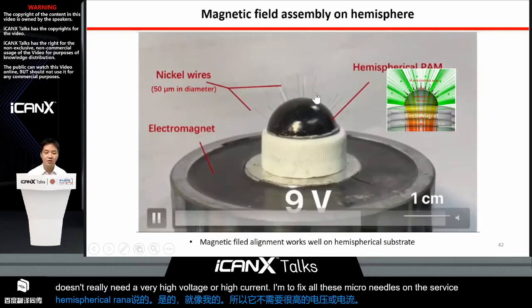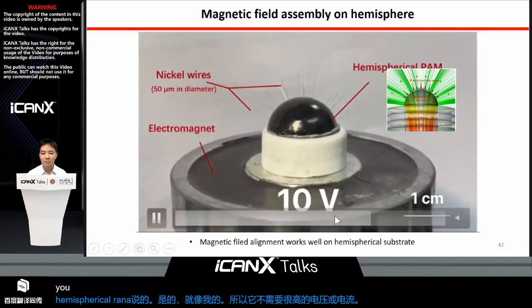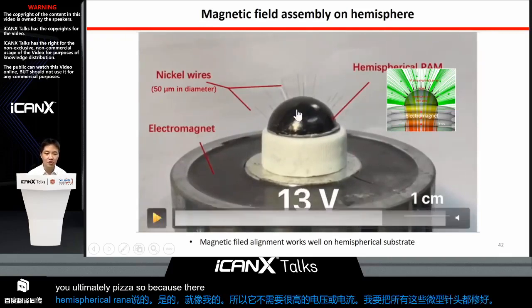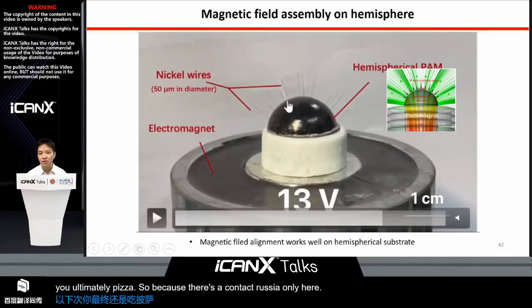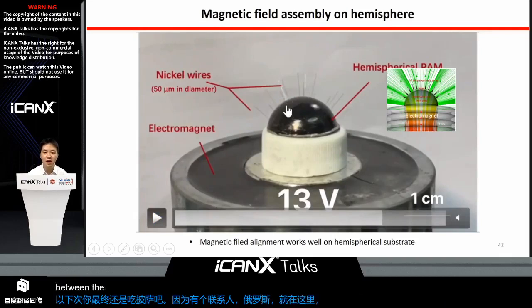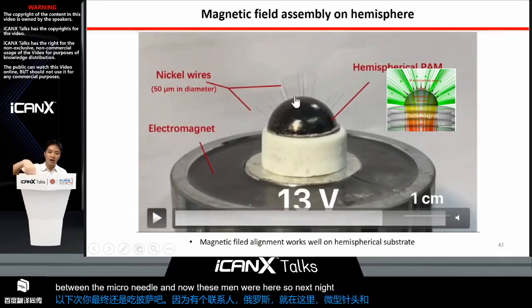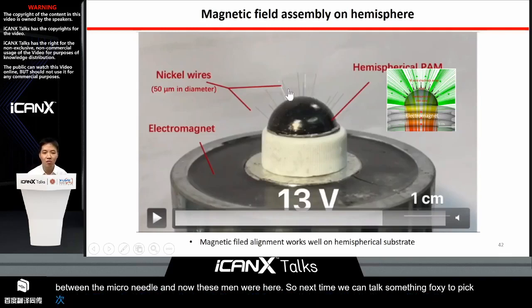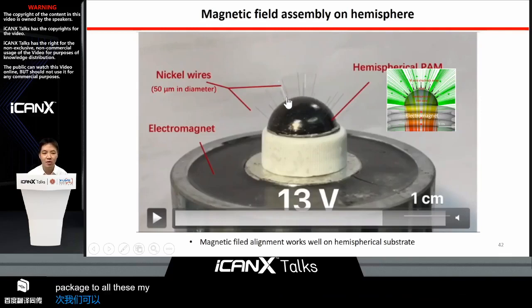The next step, after we fix them: because there's contact pressure here, there will be very good electrical connection between the microneedles and all this nanowire array. Then we can drop some epoxy to fix and package all these microneedles on the surface. With this method, we can form the backside contact.